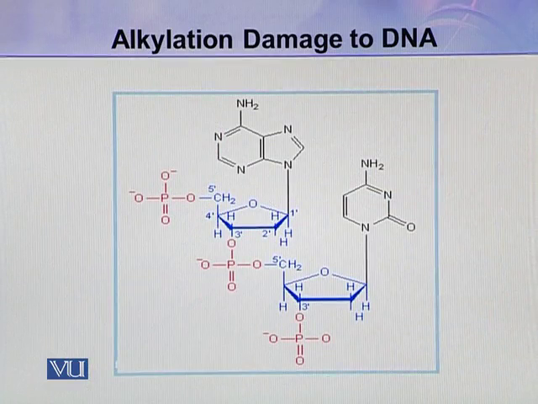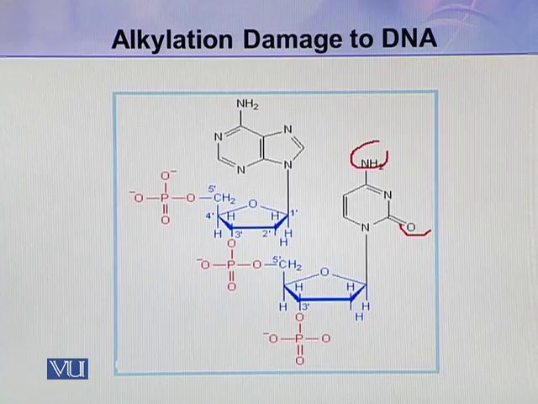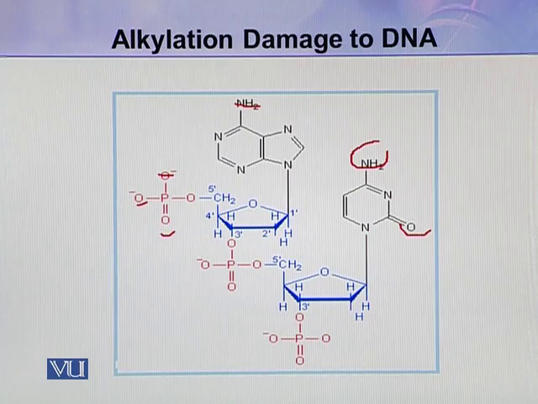So the first site may be this nitrogen, this oxygen, which lie outside the ring, outside the nitrogenous base ring. The second atoms or groups may be these oxygens which are not involved in phosphodiester linkage, like this and this. And the third one is the nitrogen which is present inside the nitrogenous ring system.